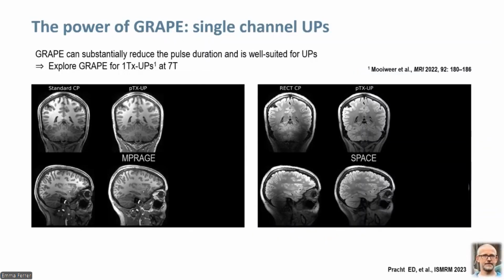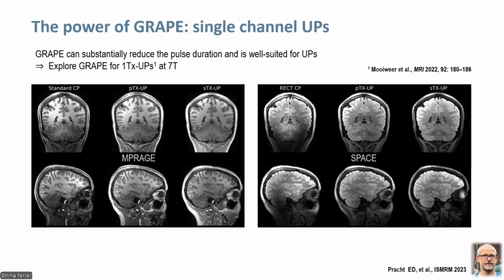And one application that really shows the power of this simultaneous optimization of RF and gradients was done by my colleague Ed Pracht at last year's ISMRM, where he used it at 7T using single-channel, so STX, GRAPE pulses to homogenize the contrast of the MP-RAGE and the SPACE sequence.